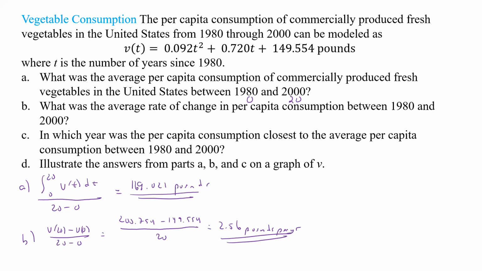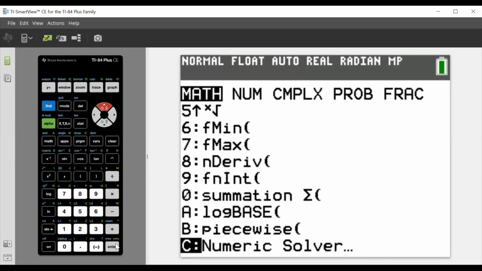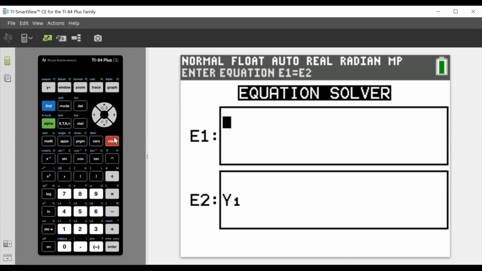Now, in which year was the per capita consumption closest to the average per capita consumption between 1980 and 2000? Well, let's go back to our calculator, and now let's go to Numeric Solver. Now we want that 169.021, which is our average, set equal to Y2.